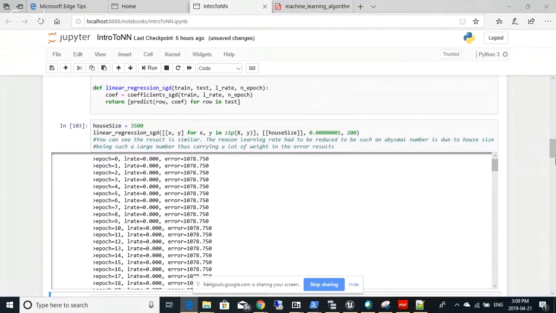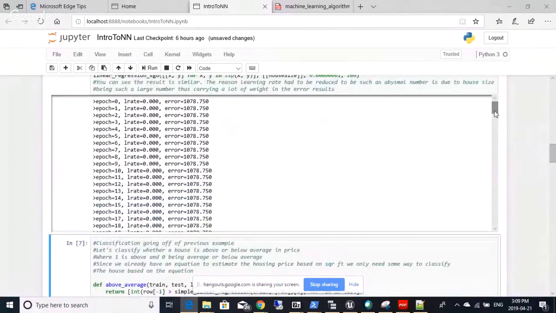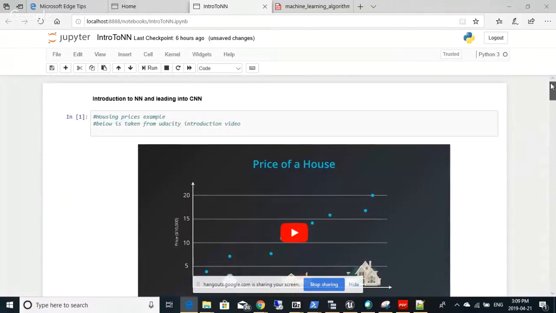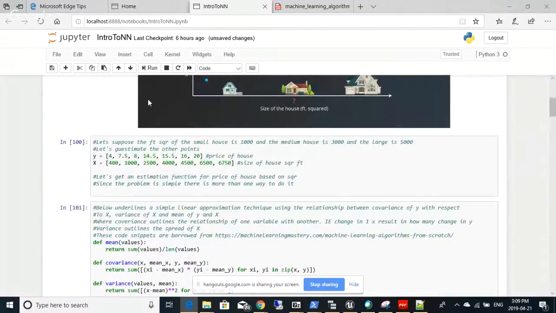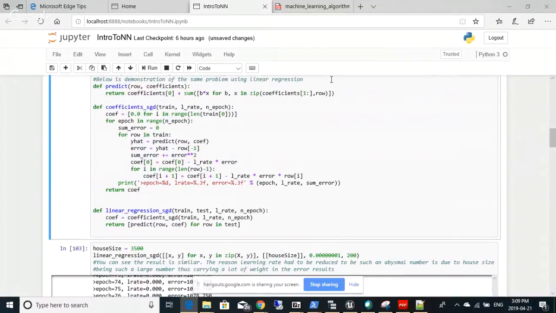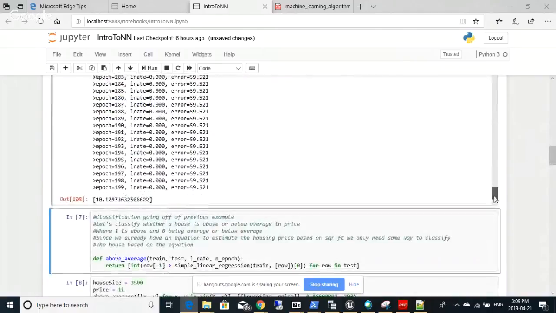So if you run this, I believe you have to reset these. Okay, it actually remembers. All right, so now it starts over, and you probably don't really need 200 epochs.